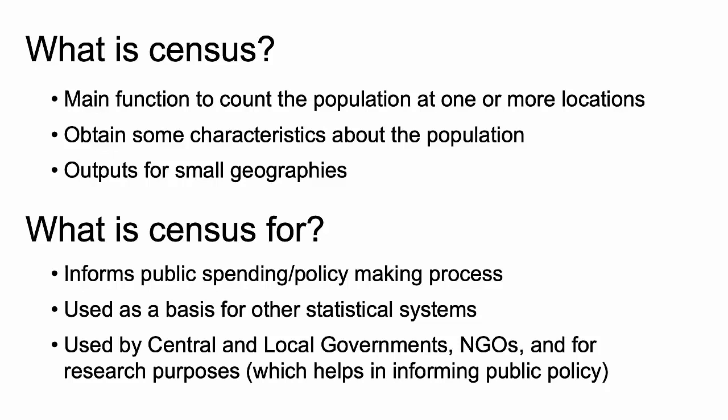So it's good for giving context to other research. As I mentioned earlier, the census is used by central and local governments, but it's also used by NGOs, non-government organisations, and for all sorts of research purposes. All these mean that it contributes vastly to public policy, and it's a very important asset that we have.